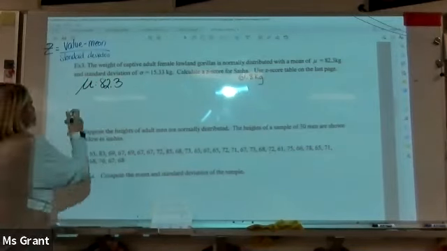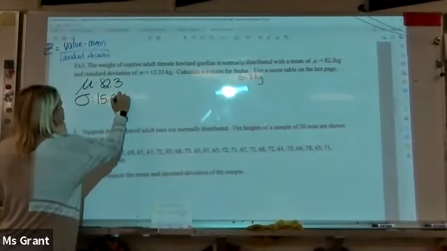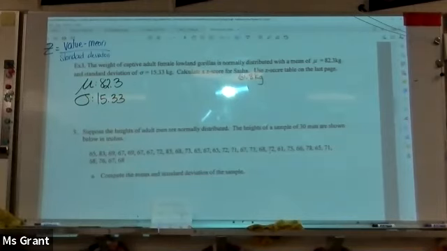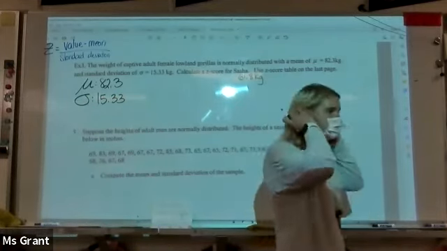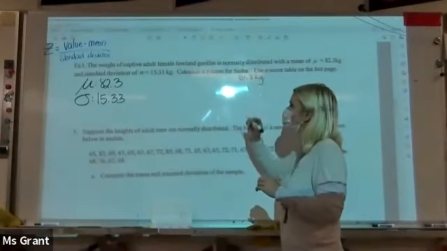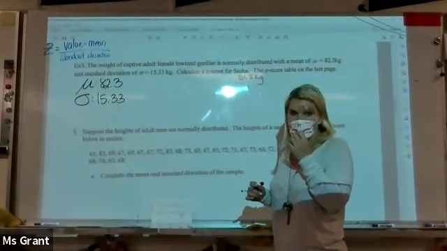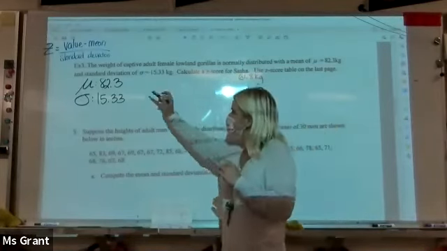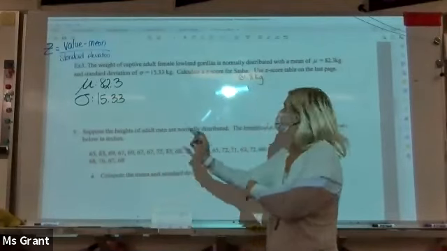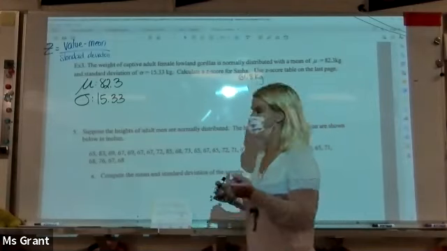The standard deviation is 15.33. Calculate the Z-score for Sasha. You know, the zoo gives animals names, of course. Sasha weighs 61.8 kilograms. The average weight of a female gorilla is 82.3. Sasha weighs 61. Sasha's underweight.